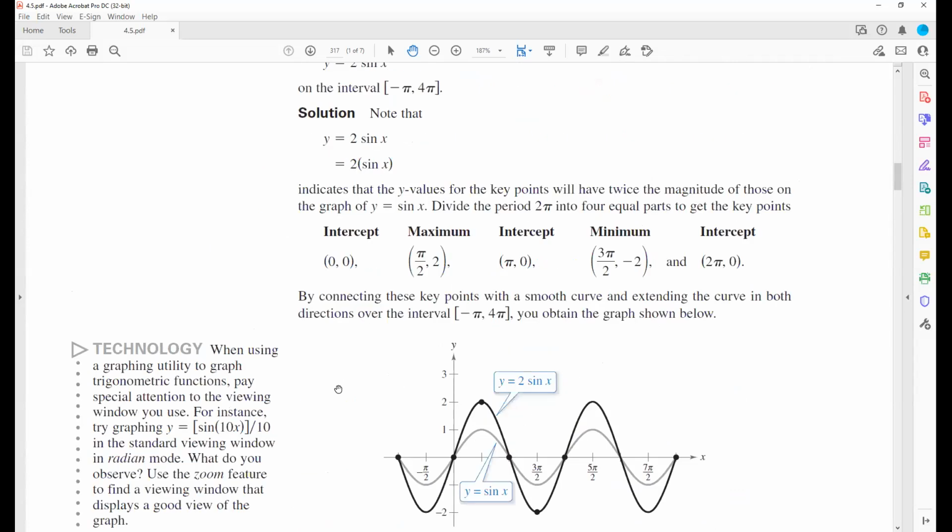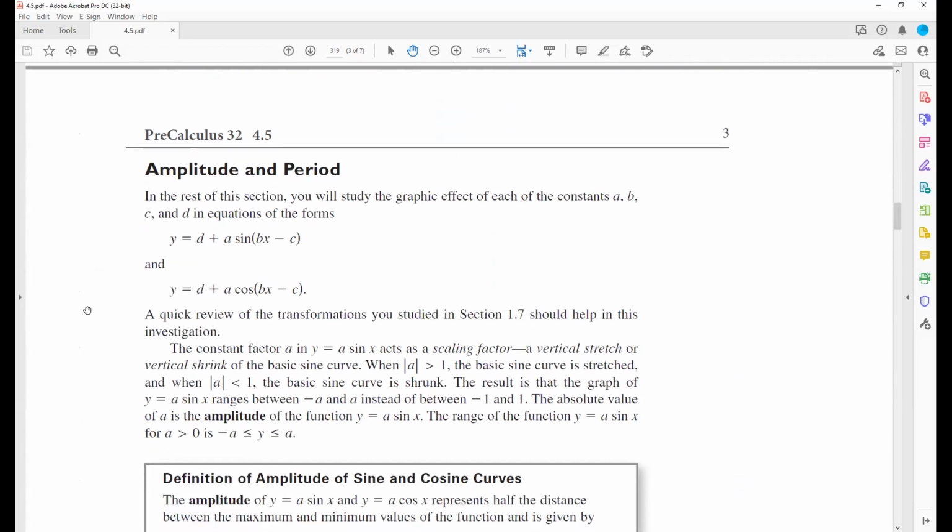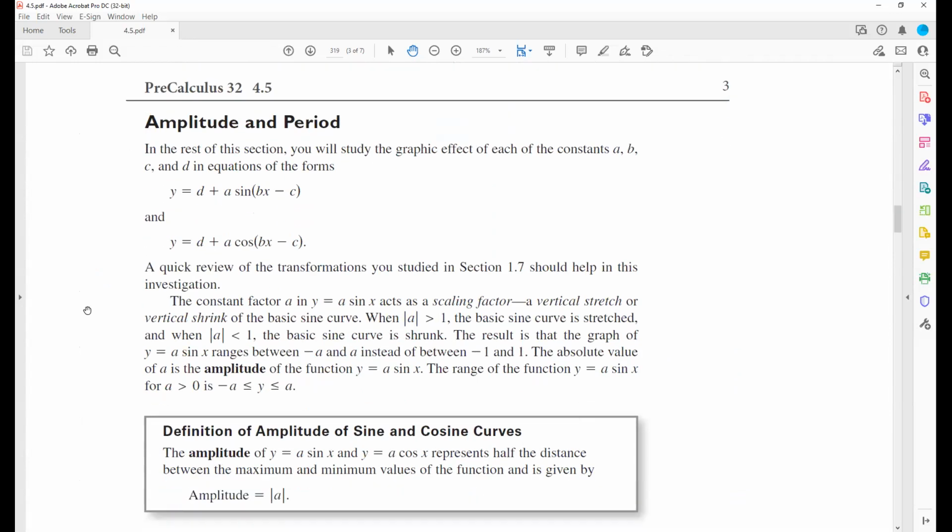Very well. So let us take a look at the definition of amplitude and period. In general, we can define a sine and cosine function using transformations that you learned in previous pre-calculus class. In the rest of this section, you'll study the graphic effect of each of the constants a, b, c and d in equations of the form y equals.